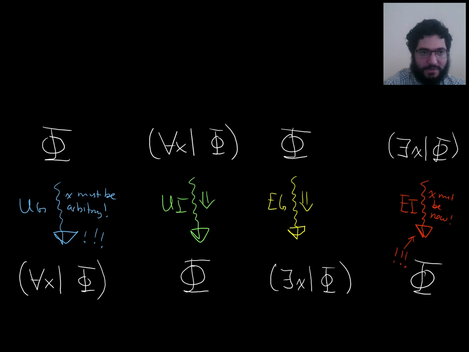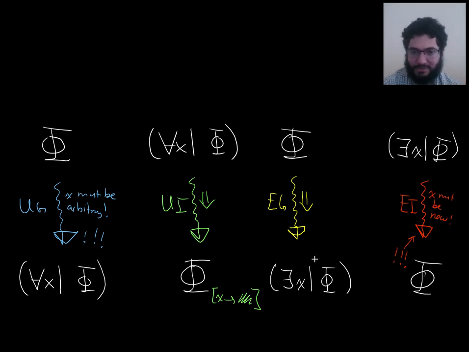And maybe some other annotations here. When you do a UI, when you apply phi to a particular case, you can apply it to anything, so it's not necessarily X. You can apply it to whatever you want: phi with X replaced by anything you want. And when you do EG, it doesn't have to be that you proved phi about X. So if you want to prove that something is red, you can do it by proving X is red or Y is red or 17 is red.